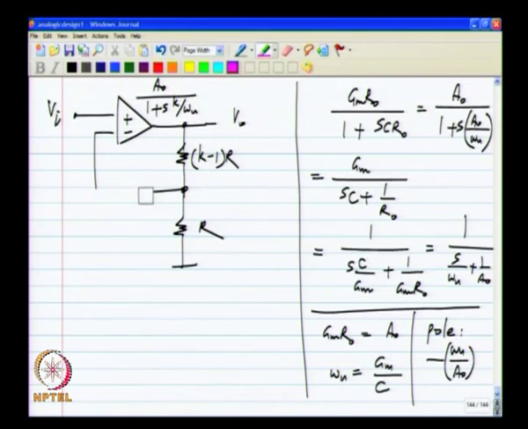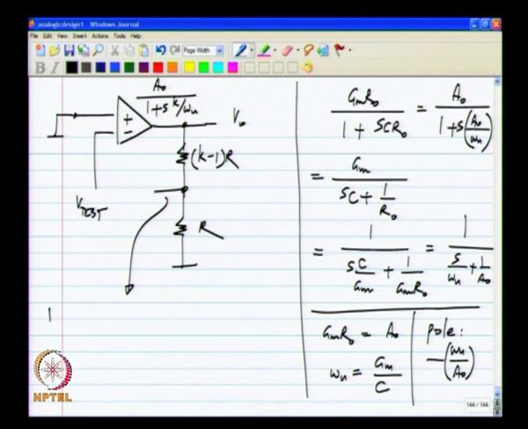Now, let us evaluate the loop gain by setting the input to 0, applying a test voltage here by breaking the loop and seeing what comes back. So, it is clear what comes back. If I apply V test, I get minus this whole thing times V test here, and then that divided by K appears at the output of the resistive divider.